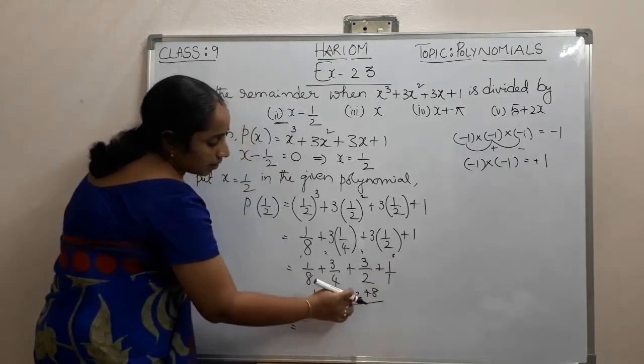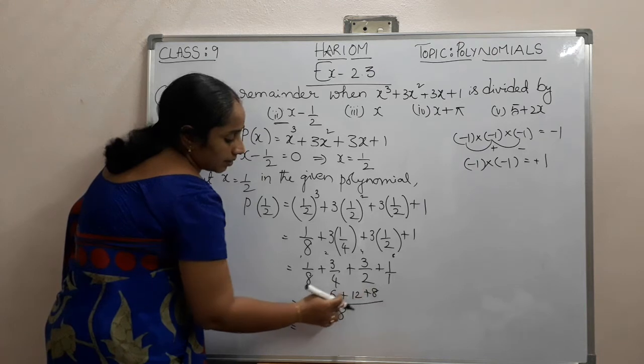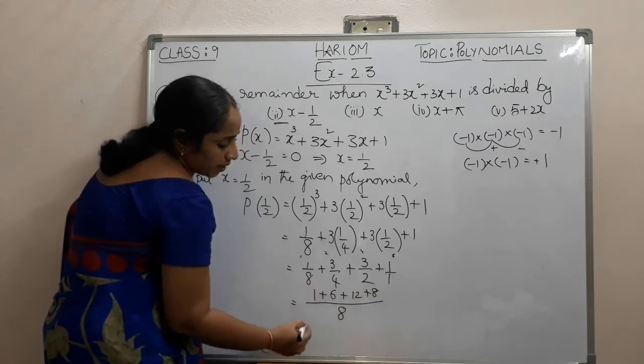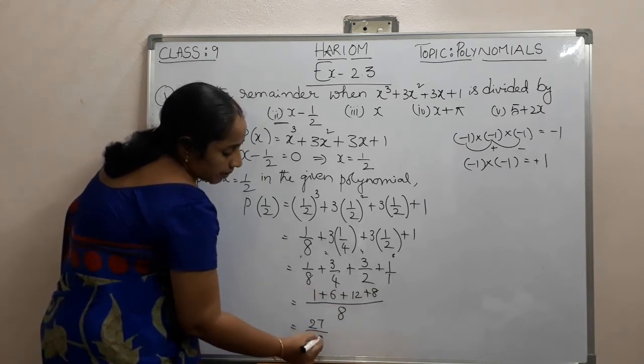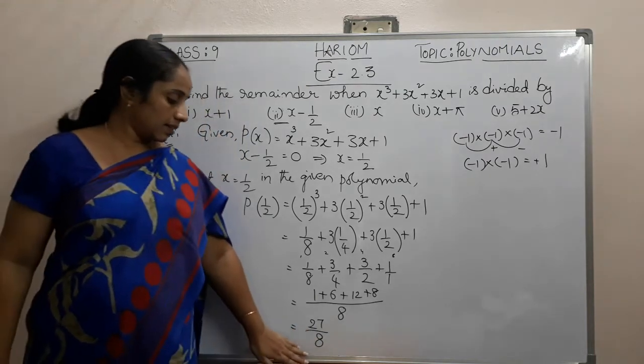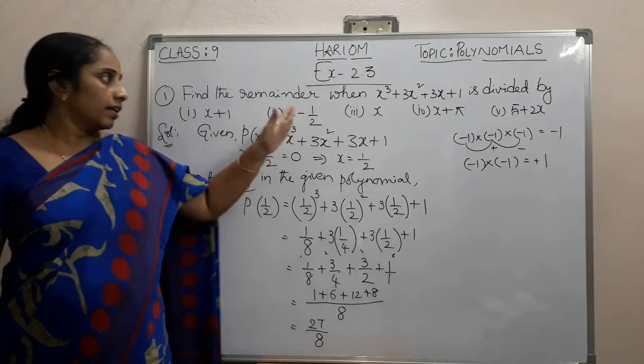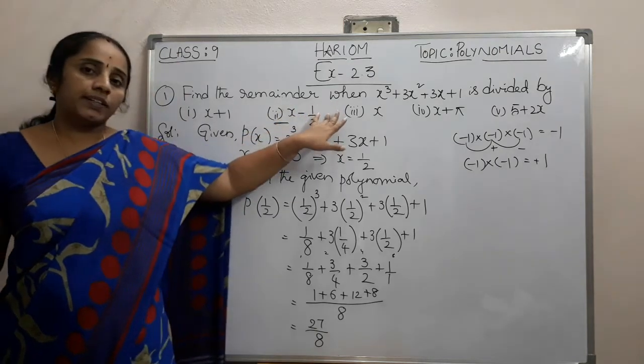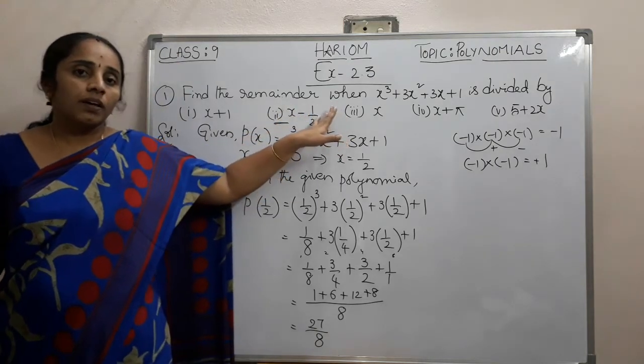Now it is 12 plus 8, 20 plus 6, 26 plus 1, 27 by 8. Okay, this is the remainder when we divided by x minus 1 by 2.